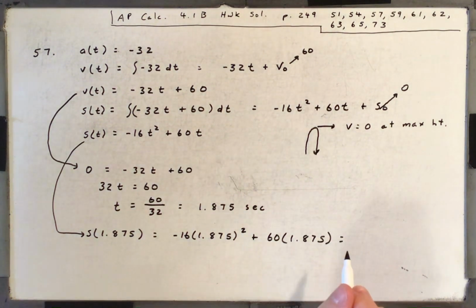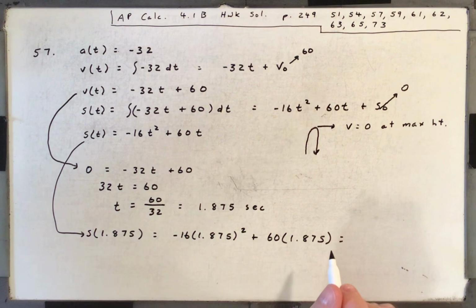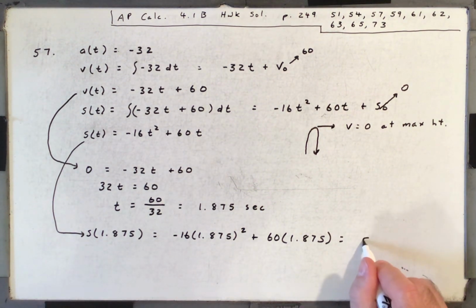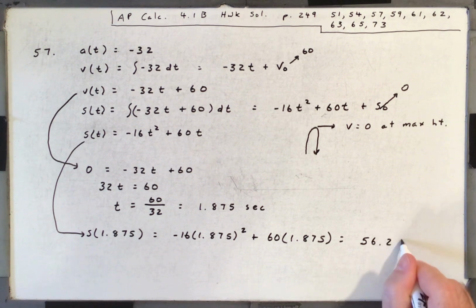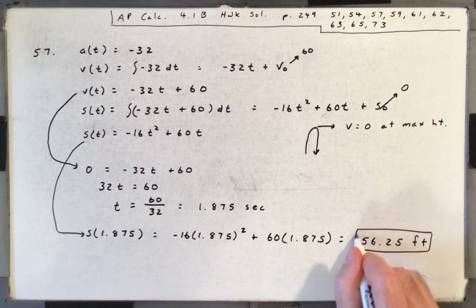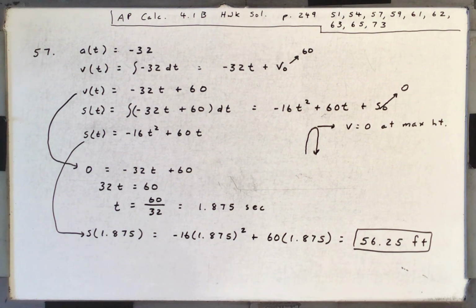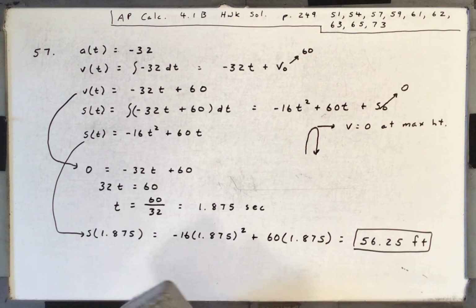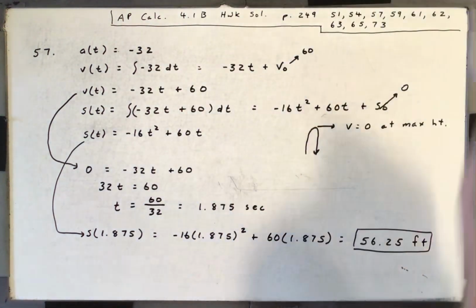So if you put that in your calculator and your calculator doesn't fail you, you should get 56.25 feet. All right, pretty cool. Kind of a puzzle there. It's amazing that we can just start from acceleration and answer these questions.